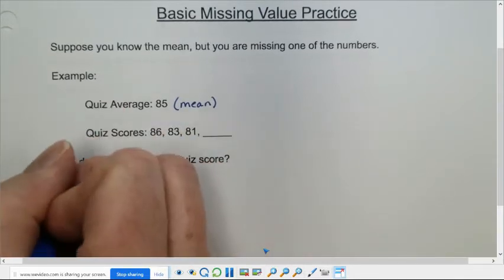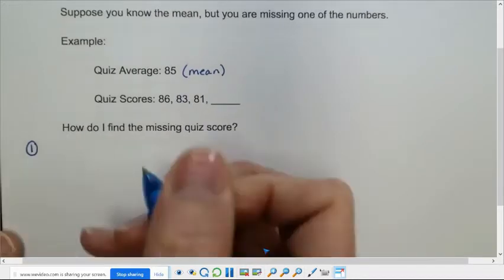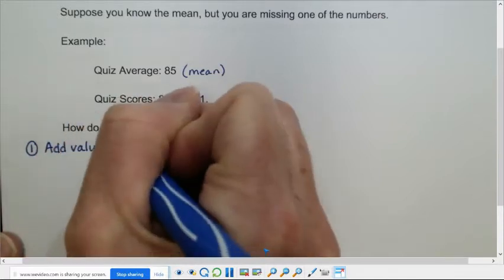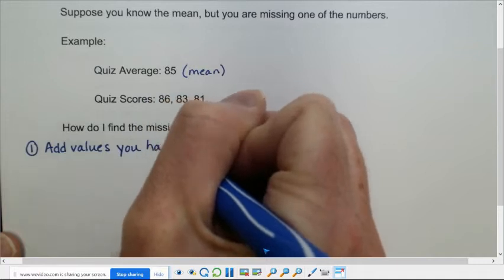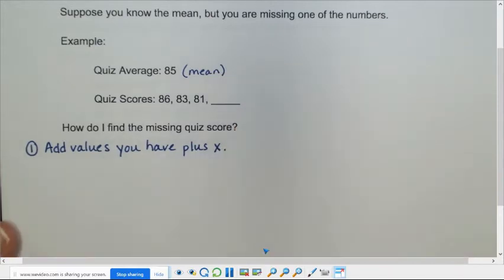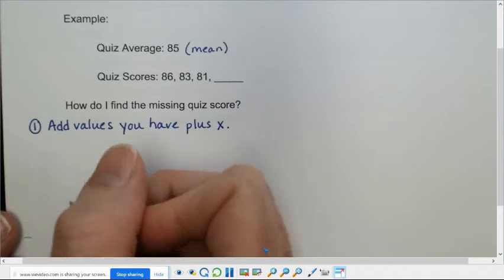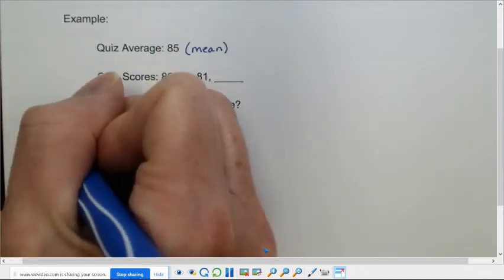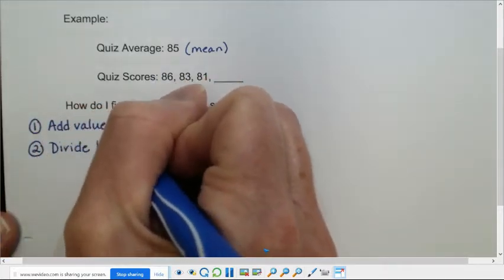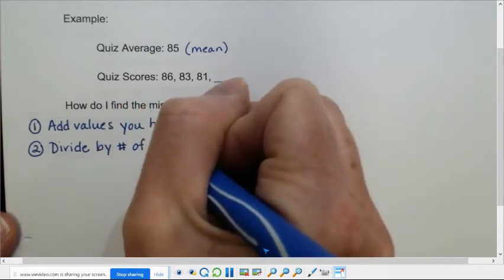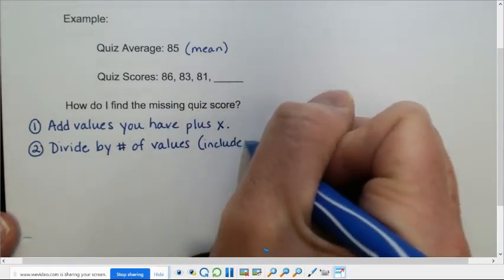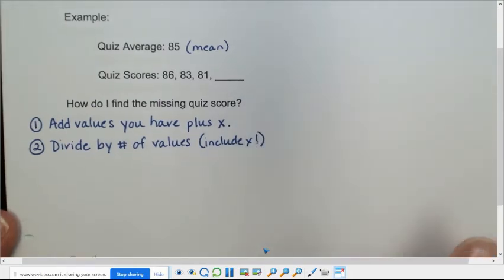So how do I find the missing quiz score? The first thing that we're going to do is add the values you have plus X. The next step is that we'll divide by the number of values, and we have to make sure we include X. We have to count that as a value.